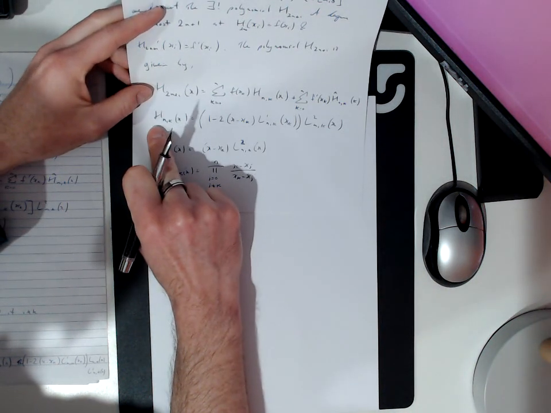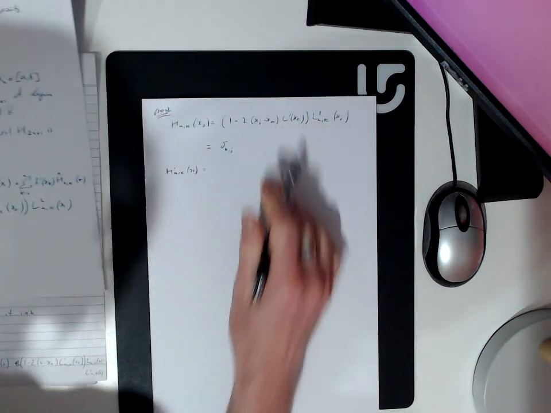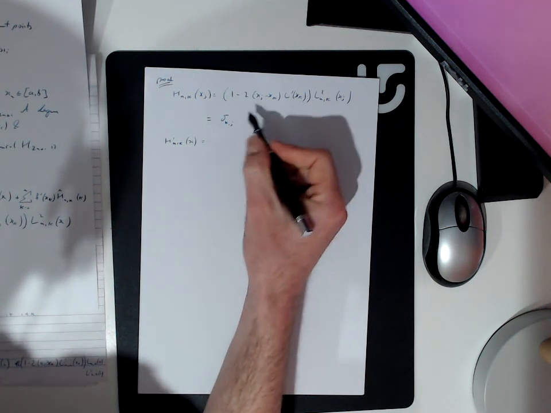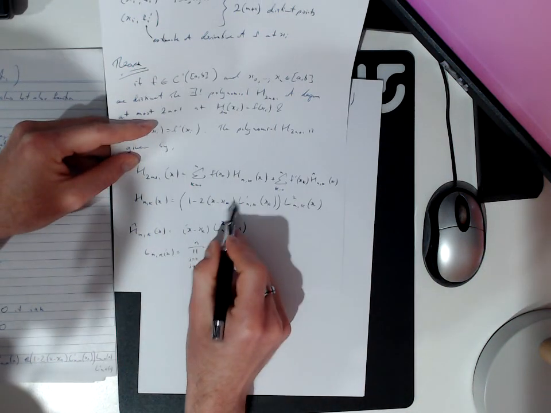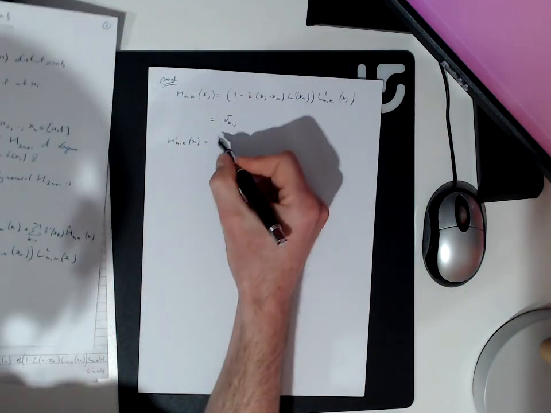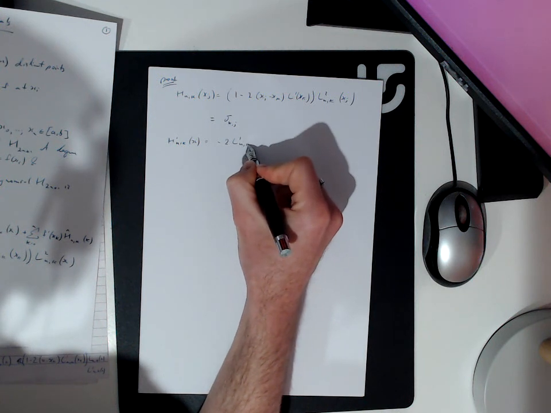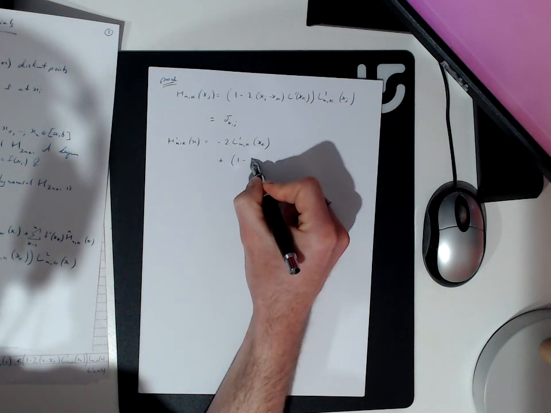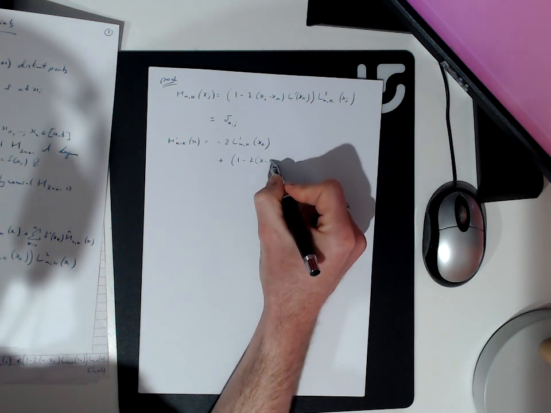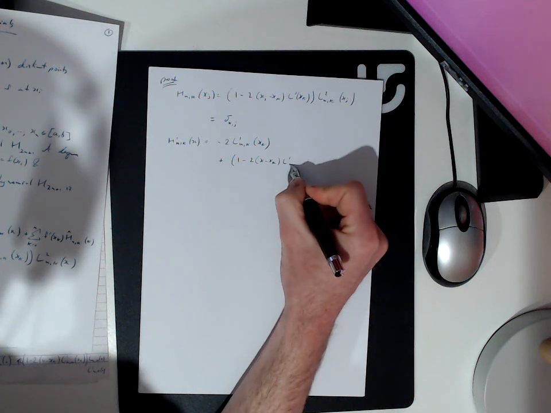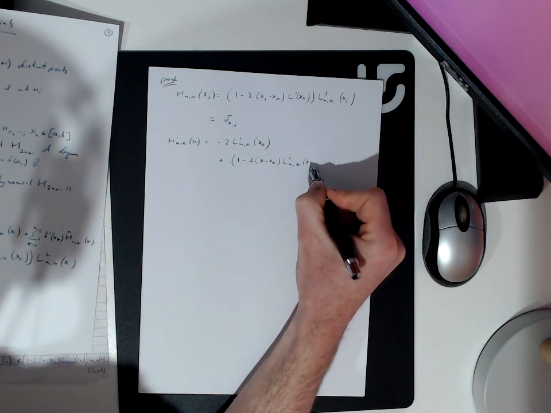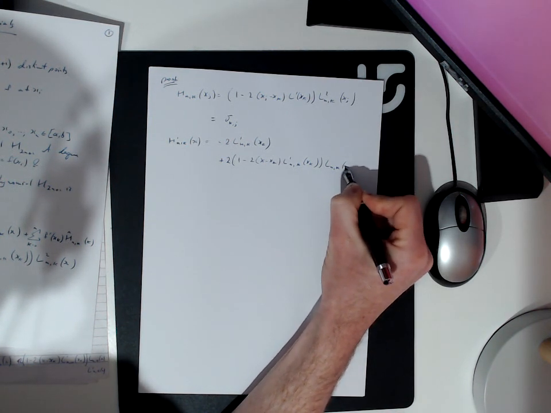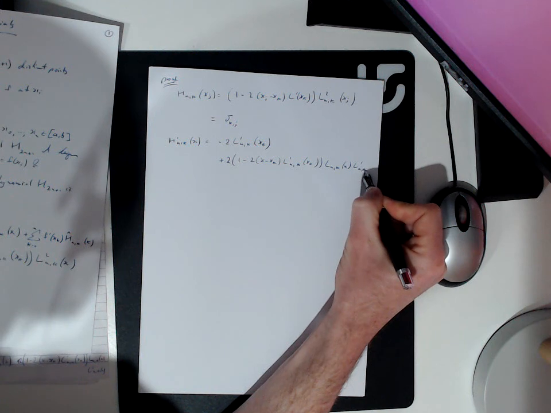So here's my H_k. If I take the derivative of that, I take the derivative of the inside of the product. So that will involve the derivative of this term, which is going to be minus 2 times L dash at xk, plus I get two lots of this times L_{n,k}(x) times L dash_{n,k}(x).